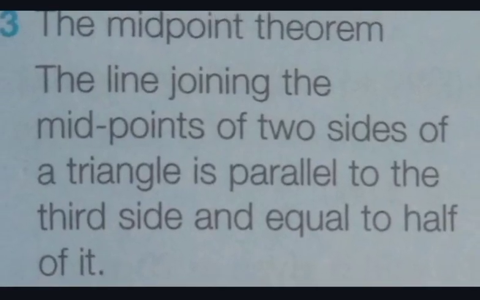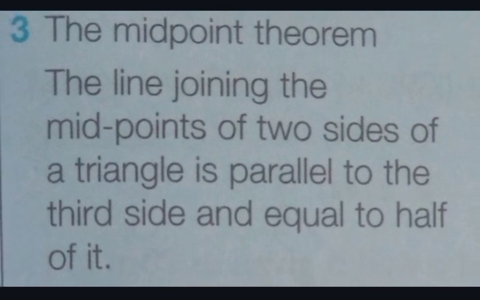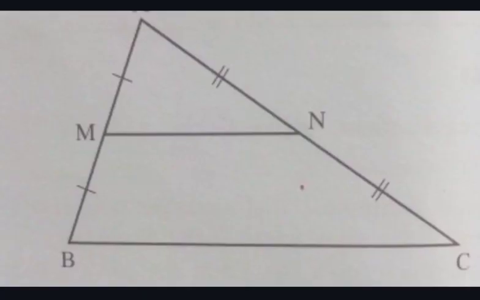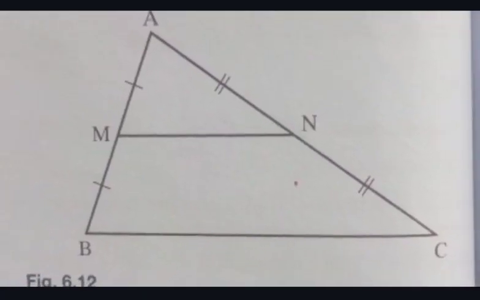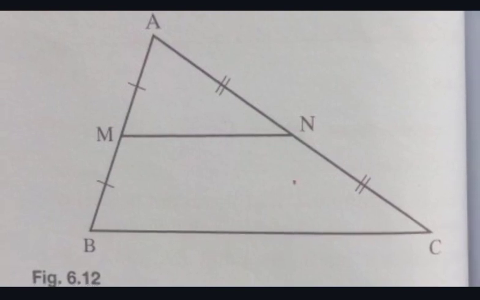This theorem states that the line joining the midpoints of two sides of a triangle is parallel to the third side and equal to half of it. Basically, look at this triangle ABC. Point M is the midpoint of line AB, and point N is the midpoint of line AC.